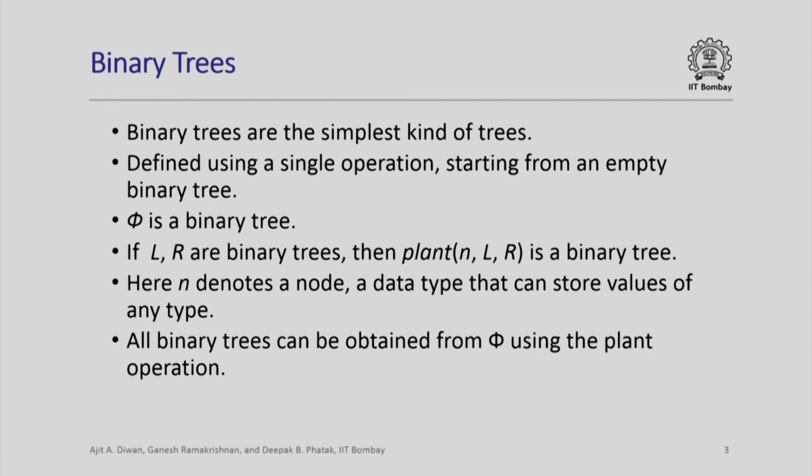In a binary tree, we use two already existing trees L and R and a node N, which can store any kind of data, and build a new binary tree. And all binary trees can be obtained from the empty tree using the plant operation.